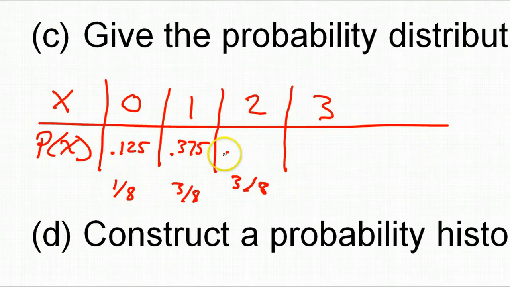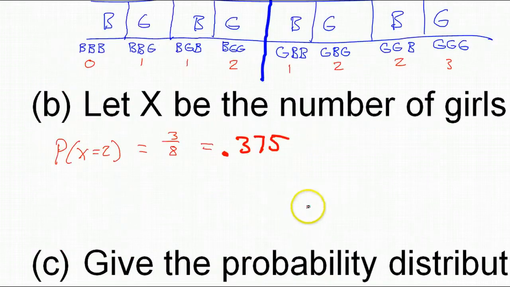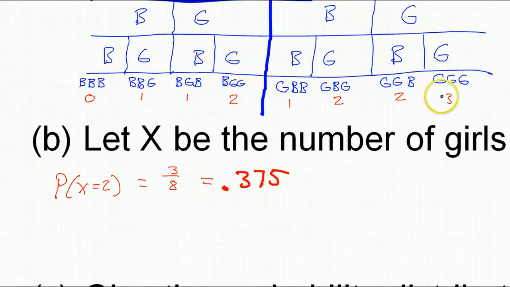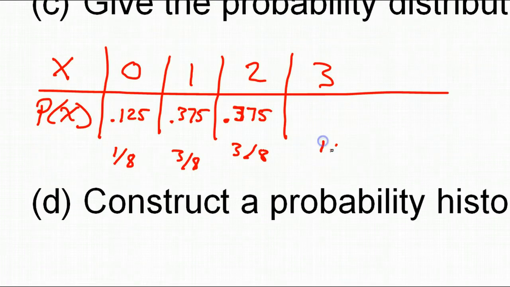Alright, these numbers show up an awful lot. I'm going to wind up memorizing them soon. And the probability of having all 3 girls, that only happened 1 time. So 1 out of 8, so back to 0.125. So this is our probability distribution, my friends.